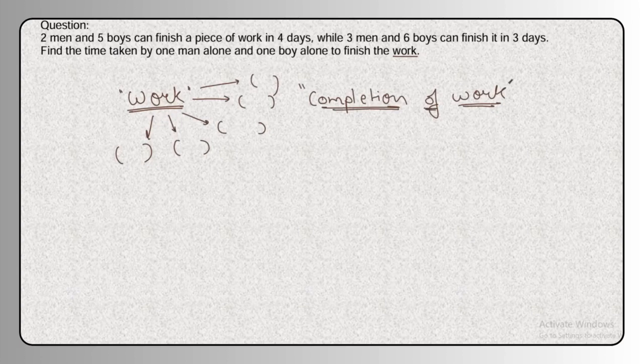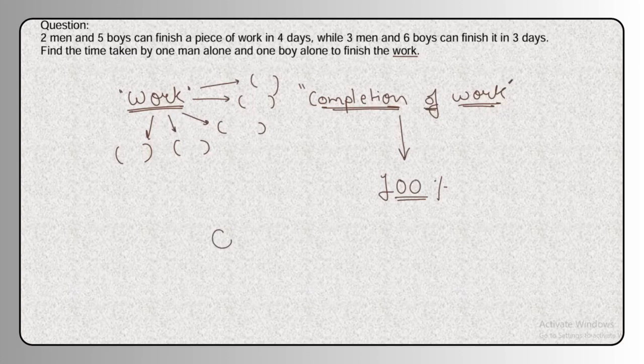Okay. So at this point itself, let's denote this completion of work by some parameter. Let's say a work is said to be completed when 100% of it is done, or 100 is completed, right?